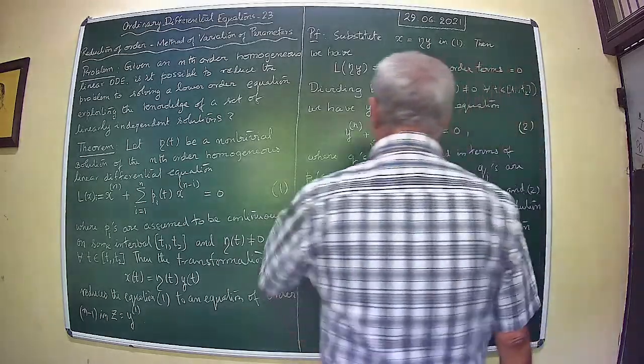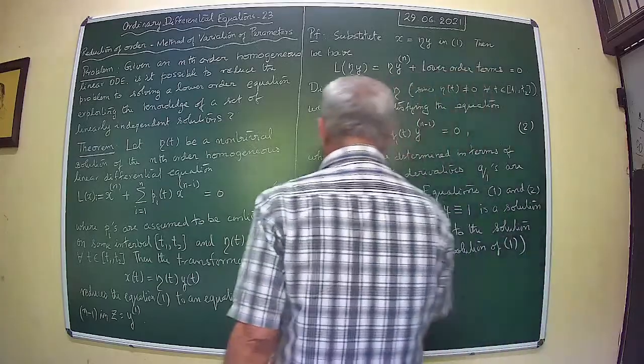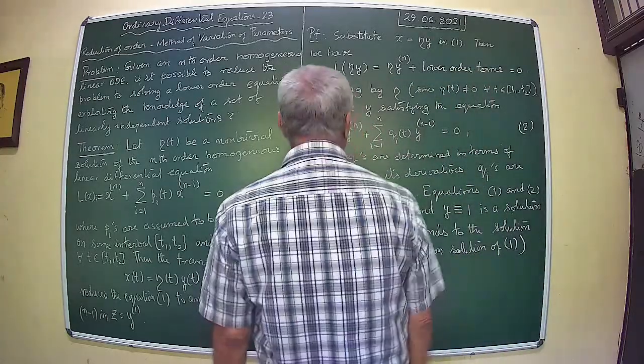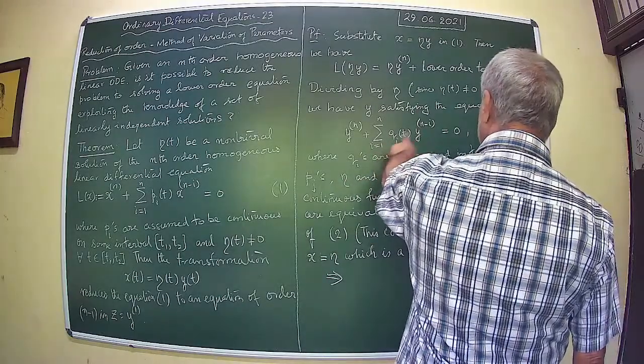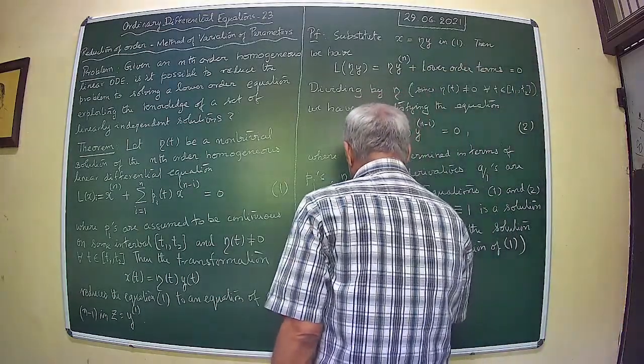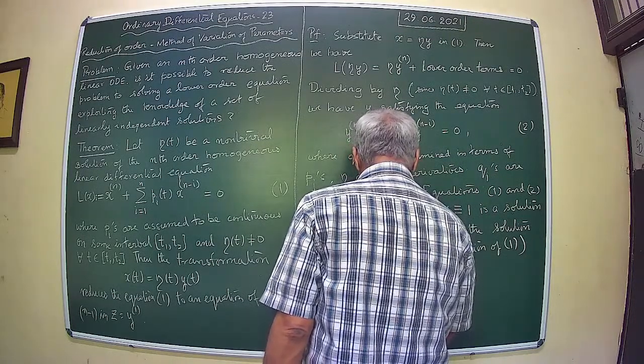Therefore what happens, y identically equal to 1 is a solution of this, which implies, so you just set y identically equal to 1, the last term we get, qn t, is identically equal to 0.